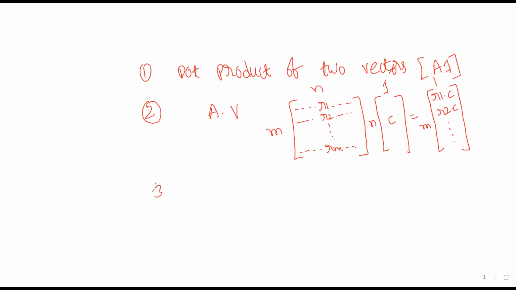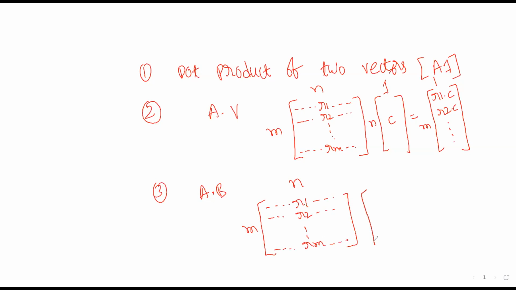The third problem is how do you multiply two matrices? Okay, so matrix A times B. If you are multiplying a matrix A, let's say the dimensions of this matrix are M by N. You can think of the first matrix as a collection of rows.